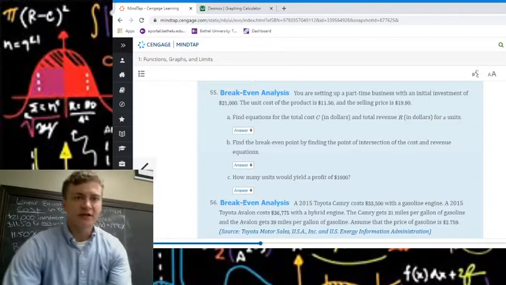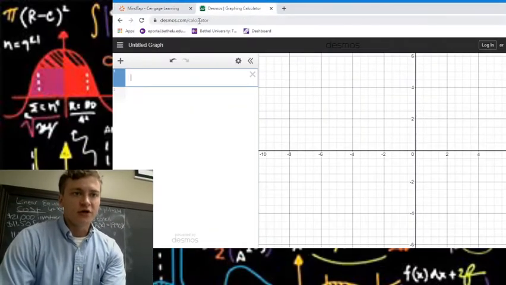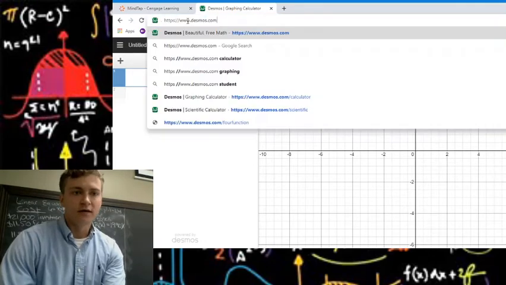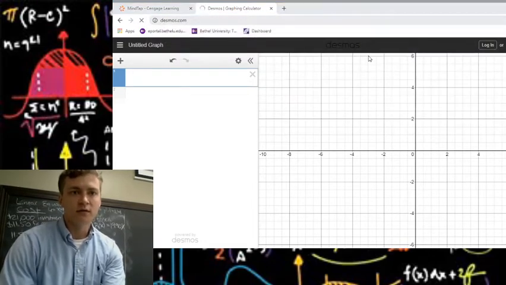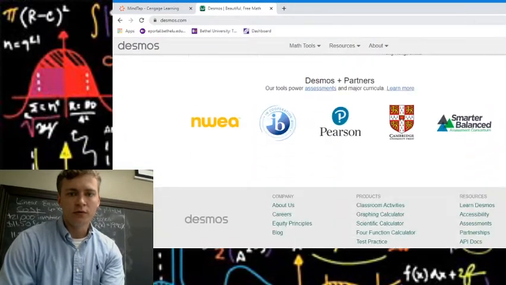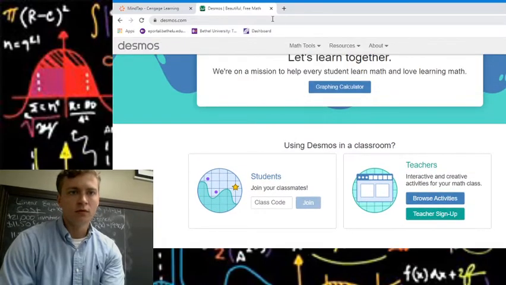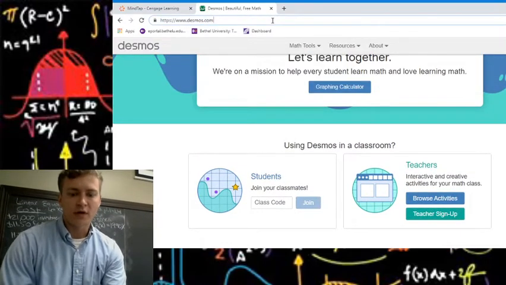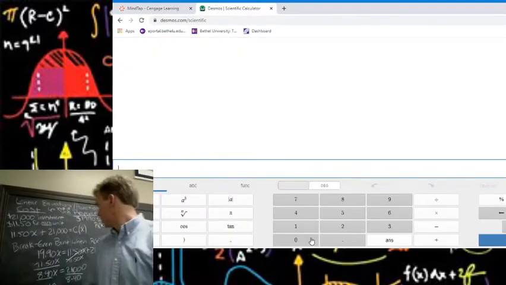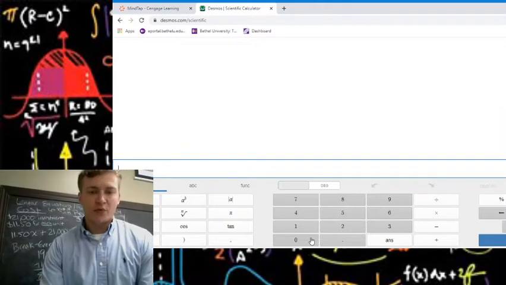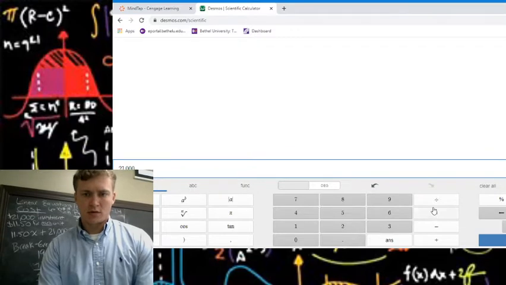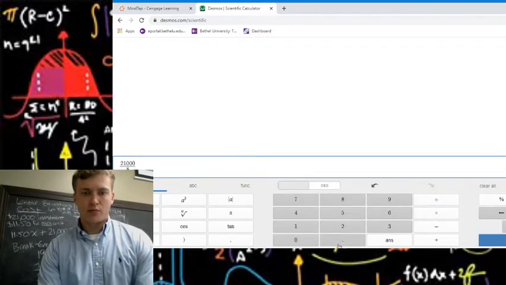And so actually I'm going to show you on Desmos how we could work with finding this value here. Looking at this here, 21,000 divided by 8.4.